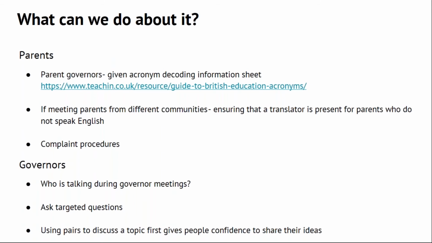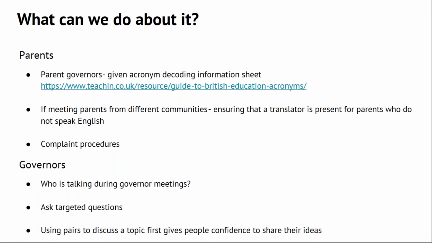But also looking, if there are parents from different communities, not necessarily on the governing board, that don't speak English, if the governors are going and meeting parents, that there is a translator present that would help with that language barrier.